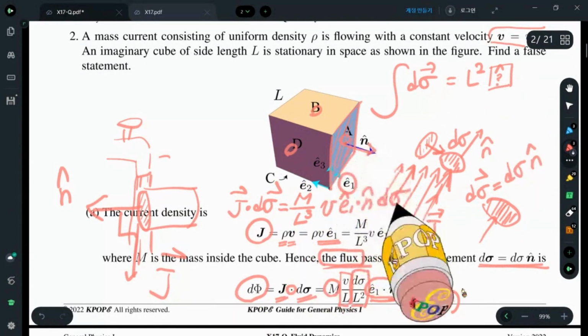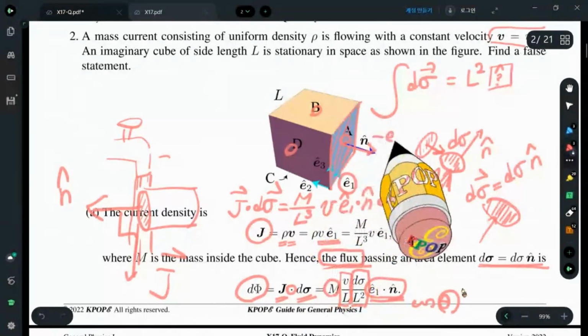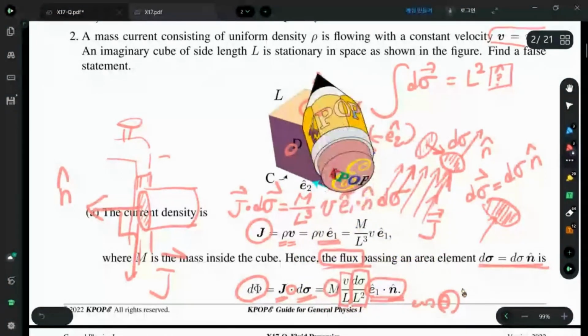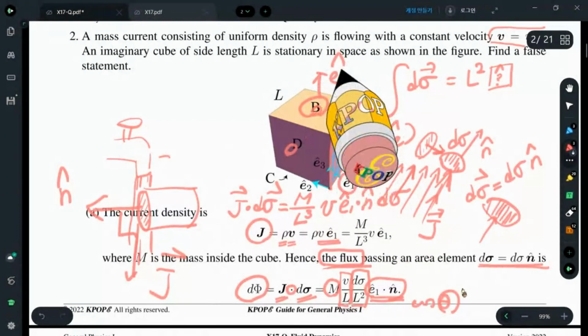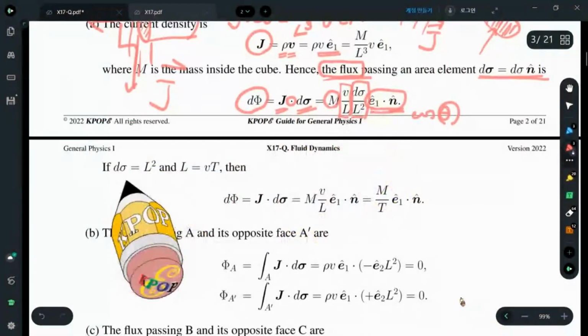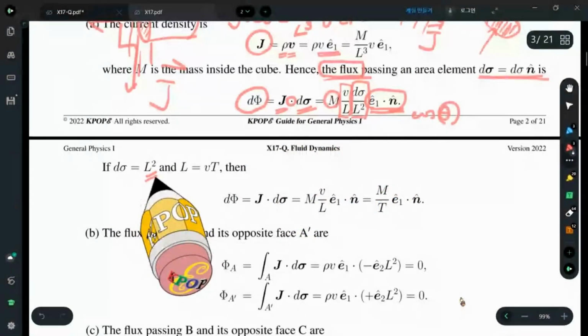In here, this n hat is minus E2 hat. And here, it is E3 hat, something like that. So, integral d sigma is L squared.